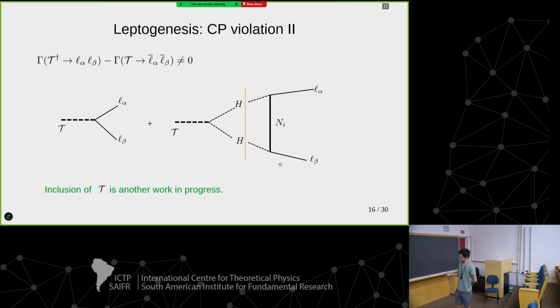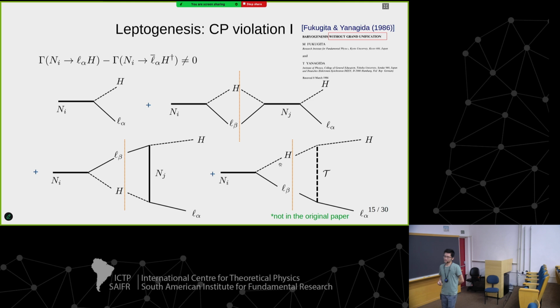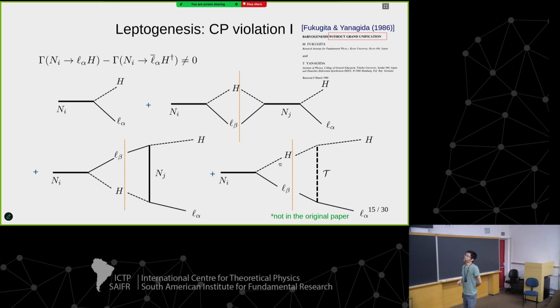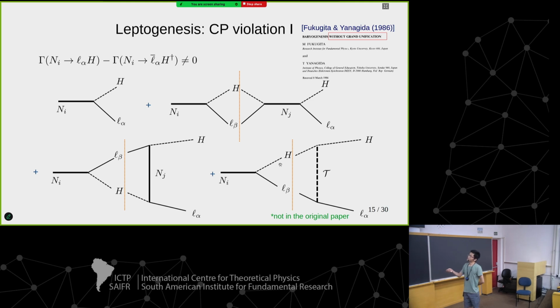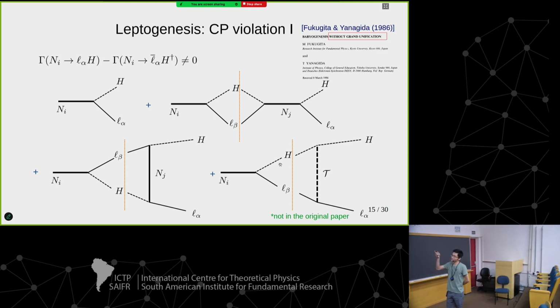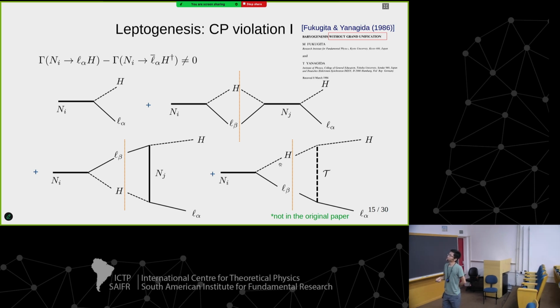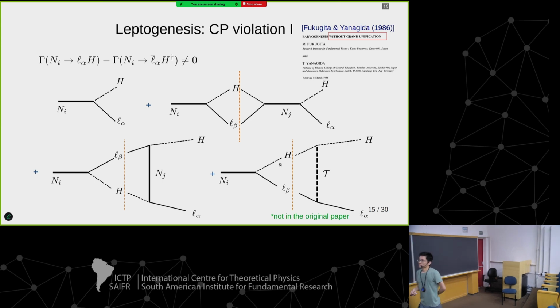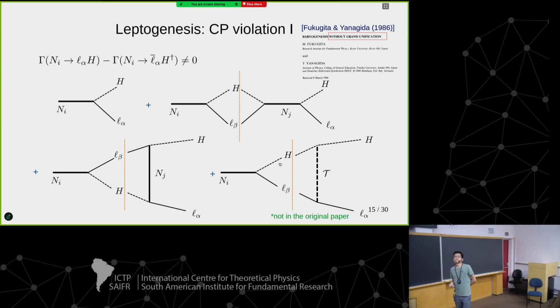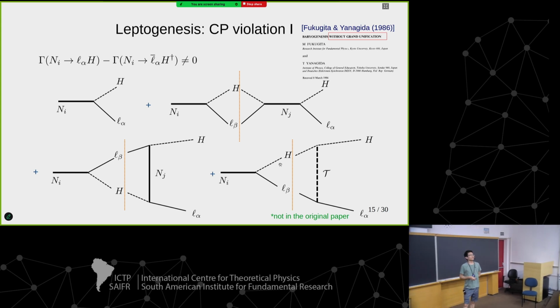So sorry, Sheng, I'm confused. You're saying that you don't have CP violation at tree level? At tree level, you don't have CP violation because the amplitude is this one number, amplitude squared. So it's exactly the same for the N decay to Higgs and the CP conjugate states. In the standard model, you do, right? In the standard model CKM matrix, you do have CP violation at tree level, no?